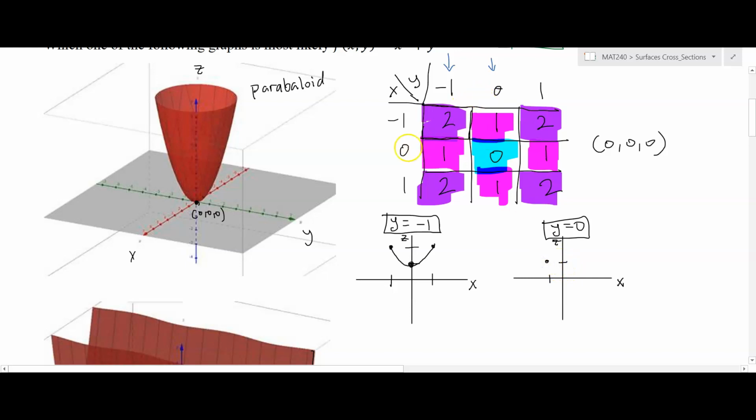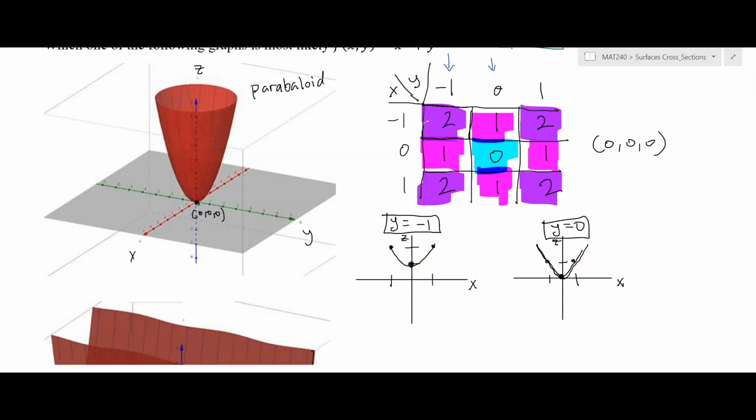And when x is 0, z is 0. And when x is 1, z is +1. So you can see we have another parabola, but that parabola looks to be shifted down 1 unit in comparison to this parabola over here.